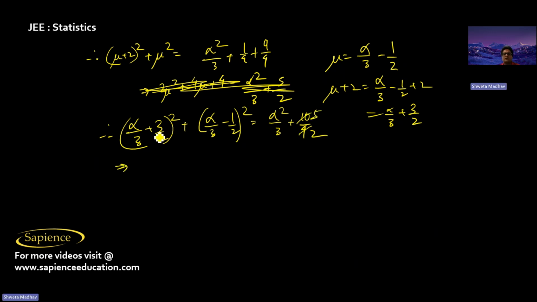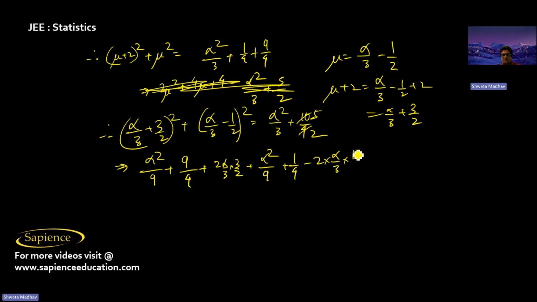So if we expand the squares, we get alpha square by 9 plus 9 by 4 plus 2 into alpha by 3 into 3 by 2, plus alpha square by 9 plus 1 by 4 minus 2 into alpha by 3 into half, that is equal to alpha square by 3 plus 5 by 2. So now the 2s will cancel, the 3s will cancel.